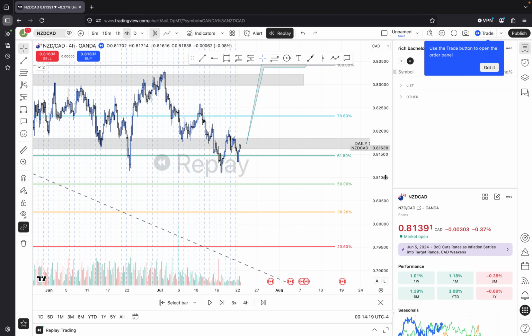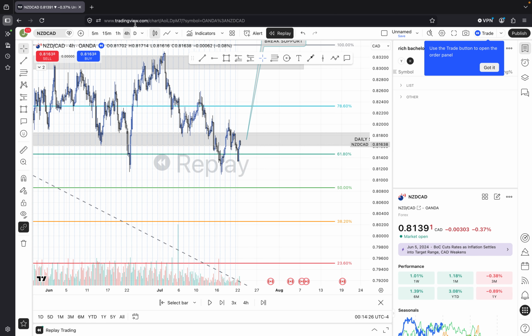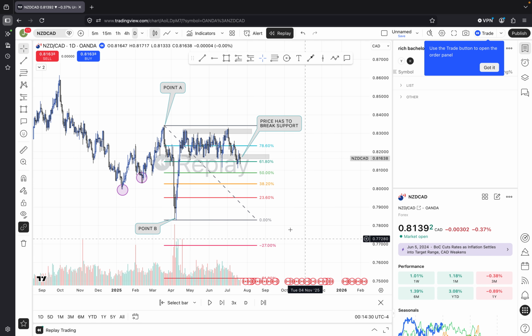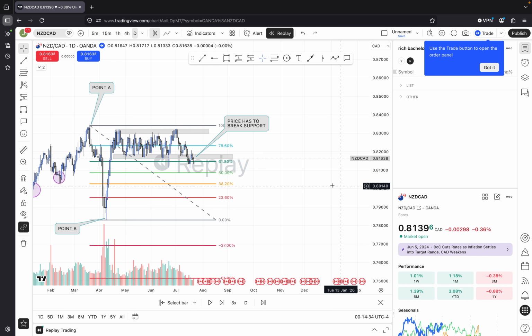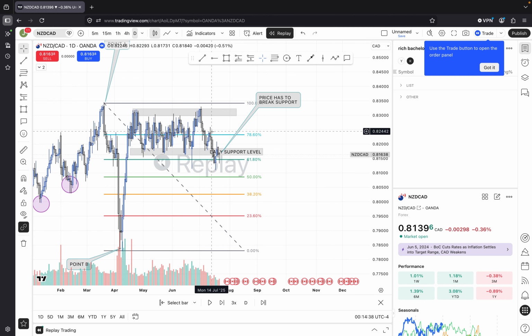So now that we're here, what am I looking for? Well, again, I have to make sure that we're out of our correction. This is not being out of the correction just yet. Why? Because price just formed its first lower high since it's breaking out.